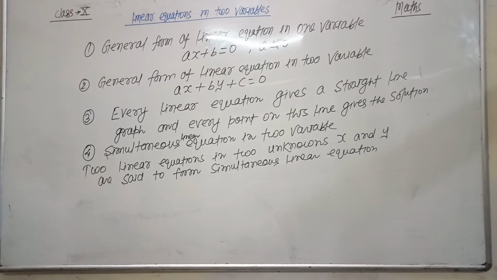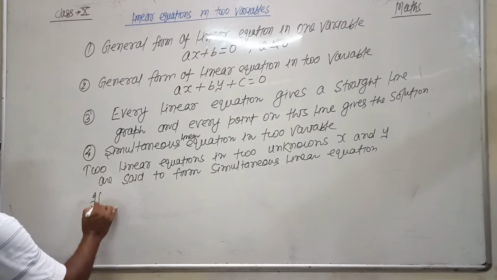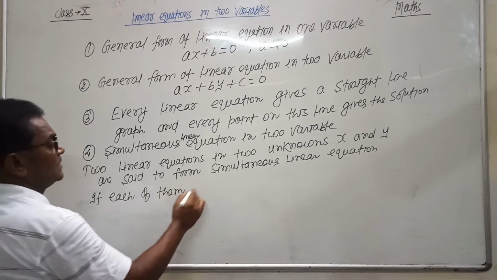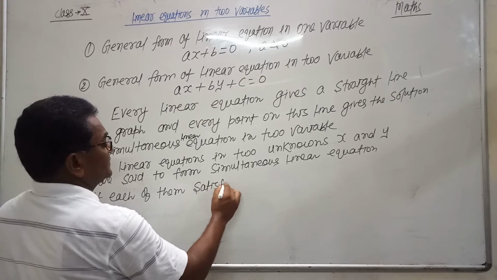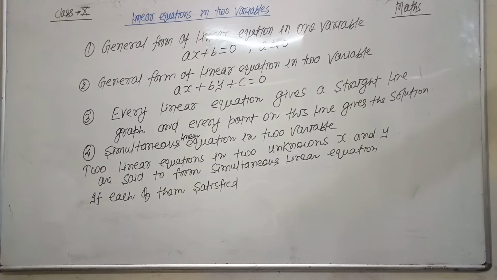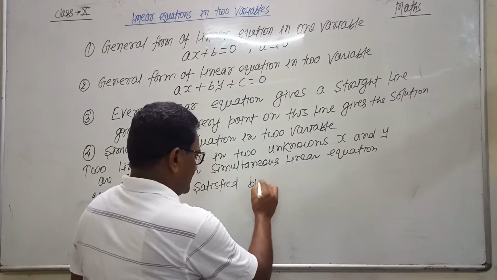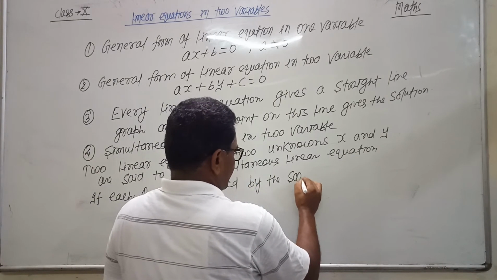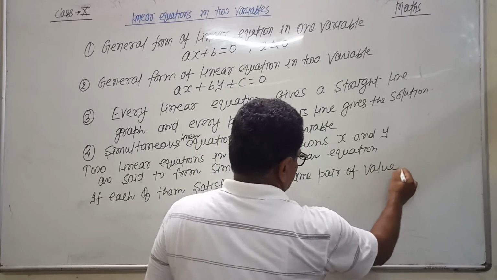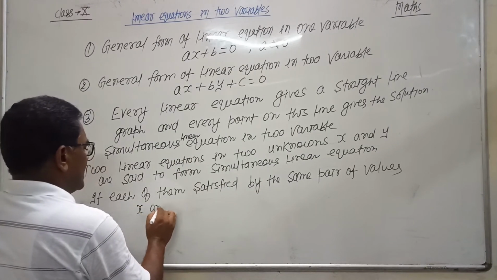Two linear equations in two unknowns x and y are said to form simultaneous linear equations if each of them is satisfied by the same pair of values x and y.